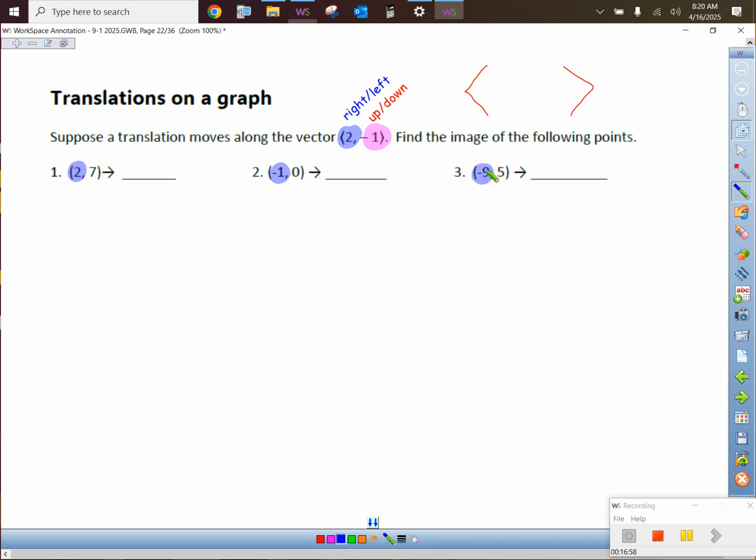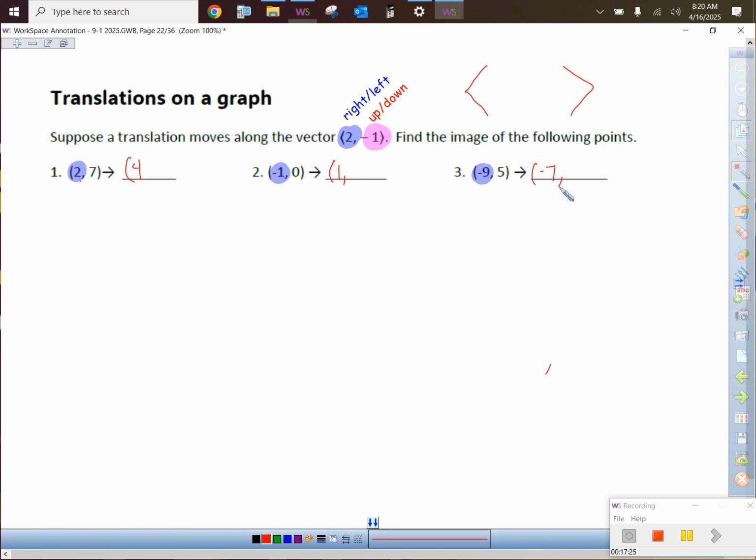So it starts at 2, add 2 to it. Where would that go to? 4. Then I'm going to jump over here. It starts at -1. The rule says add 2 to it. So that would be at 1. And then it starts at -9. Careful, we're going to add 2 to it and get to -7.